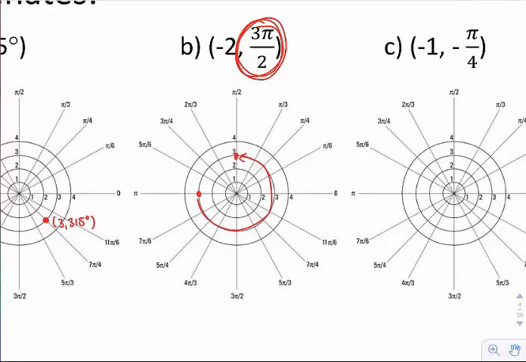And again, that's you starting with your r value, your -2, and then doing your angle. Now the other way to do this, and we're going to get to the same point, is we can instead go 3 pi over 2. I just start at 1 here, go 3 pi over 2, which puts me here. But then I know that we're going to go to 2.